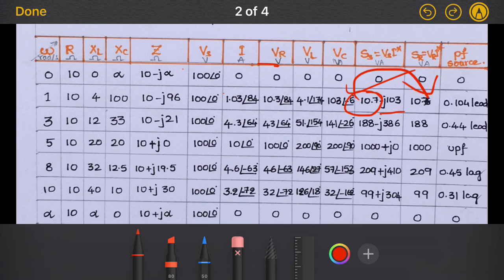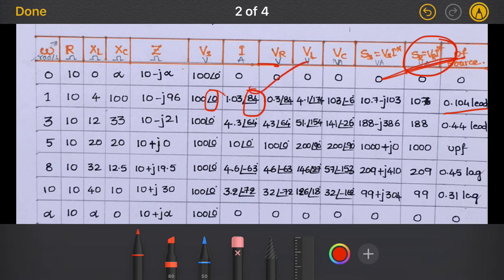Now in our circuit we have only three elements, R, L, C. So whatever active power is supplied by the supply, the same amount should be absorbed by the resistor. You can verify that here using this expression, SR equal to VR I conjugate, the voltage across the resistor into the current flowing through that resistor, that is the absorbed power here. Now the power factor, again the same thing, cos of voltage angle minus current angle.